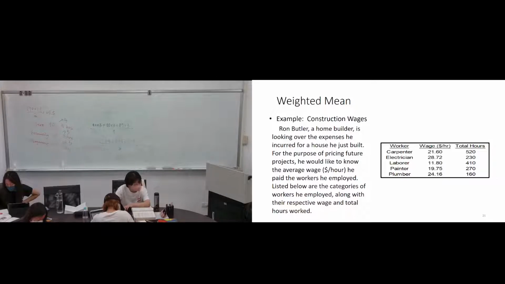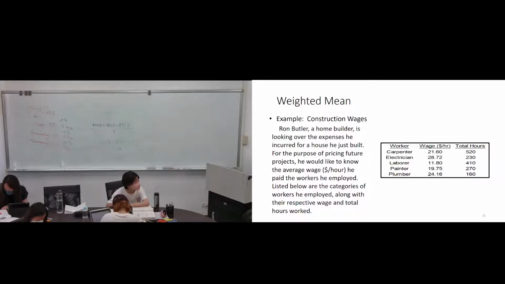Let's see the construction wages. So there are 5 types of worker. Each of them has the hourly wage and the total hours. So Ron is a home builder looking over the expenses he incurred for the house he just built.